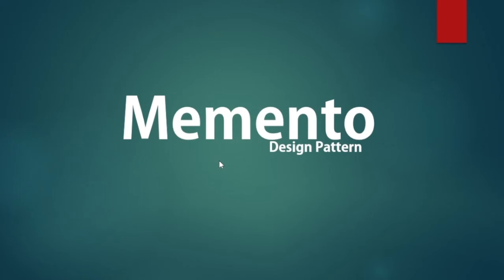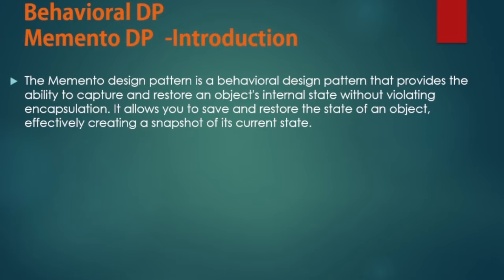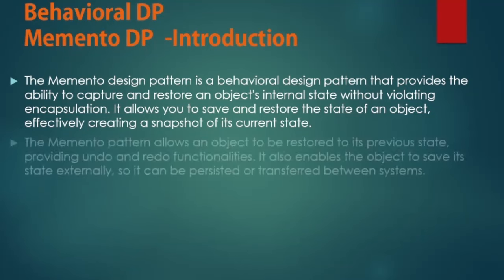Hello, and welcome to this session on Memento Design Pattern. The Memento Design Pattern is a behavioral design pattern that provides the ability to capture and restore an object's internal state without violating encapsulation. It allows you to save and restore the state of an object, effectively creating a snapshot of its current state.